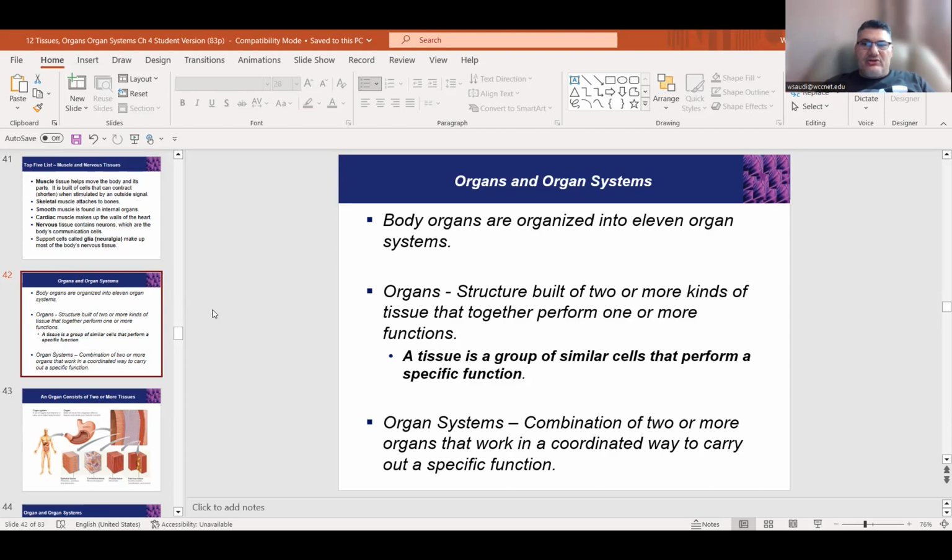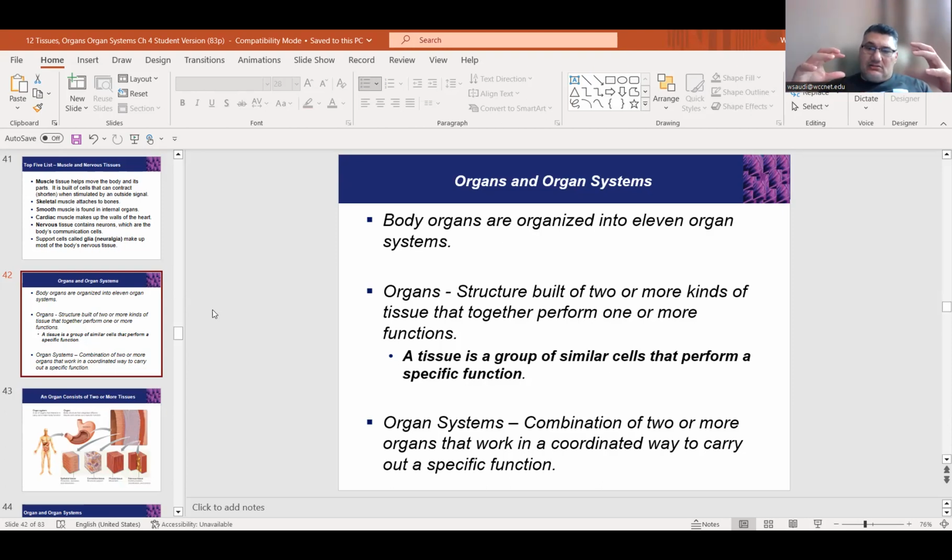The next level is going to be organs and organ systems. When you put a combination of different tissues together, that will make an organ.